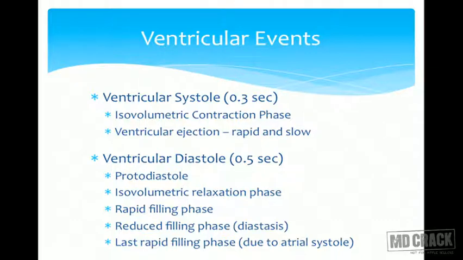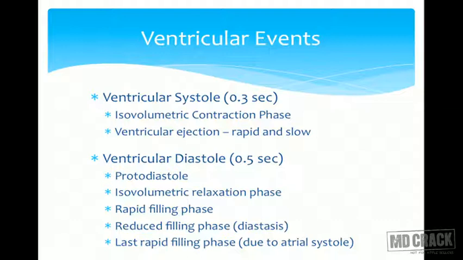As soon as the ventricle starts contracting, what was the picture before the ventricle started contracting? The semilunar valves, the aortic valve and the pulmonary valve, are in a closed state. Whereas the AV valves, the atrioventricular valves, that is the mitral and the tricuspid valve, are in an open state. Now the ventricle has started contracting.